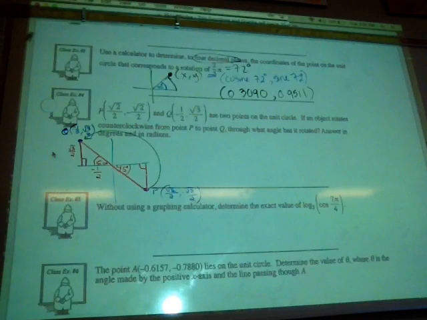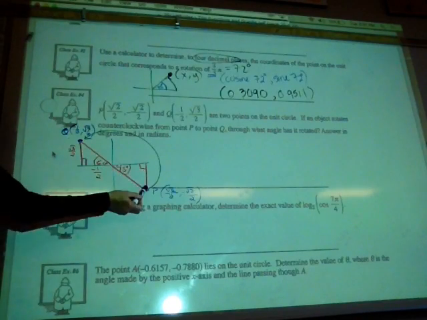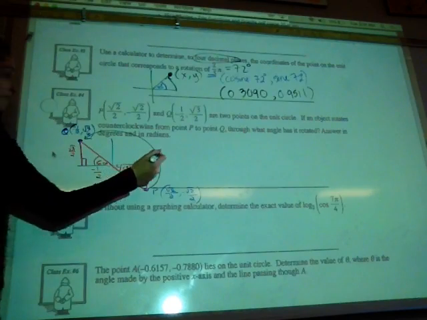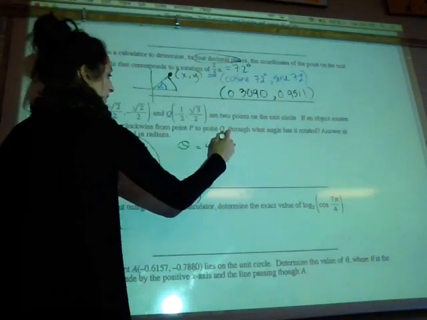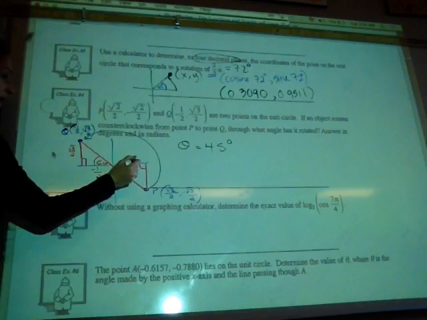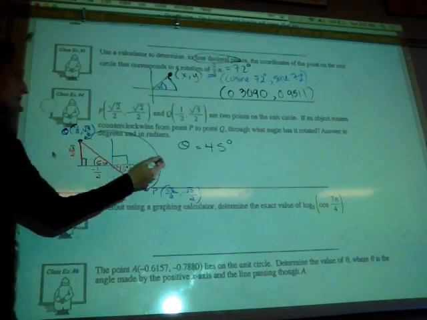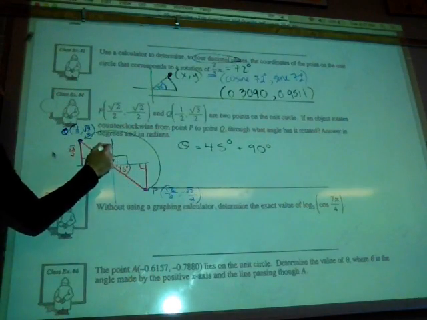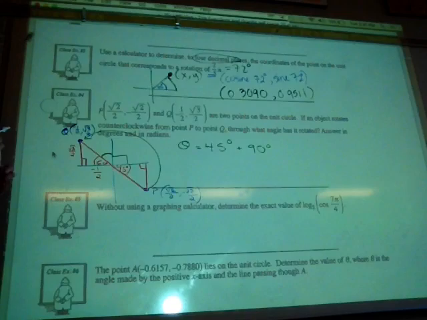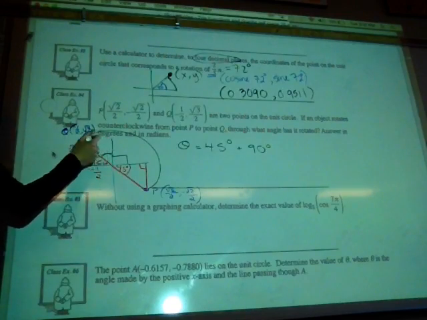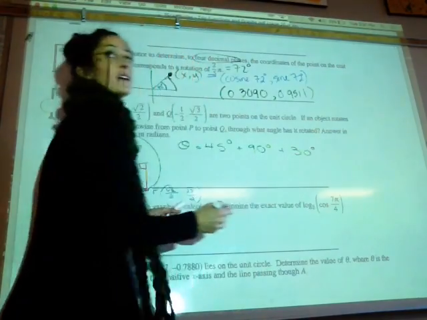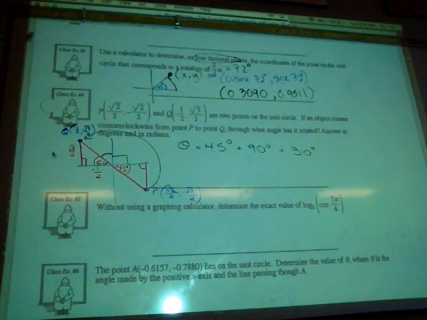Okay, we need to figure out the rotation angle from P going counterclockwise to Q. So I know that I have 45 degrees. Okay, and then from here to here, 90 degrees. And then what's here to here? How'd you get that? Okay, 90 minus 60. You have another 30 degrees. Question? What was your question though?